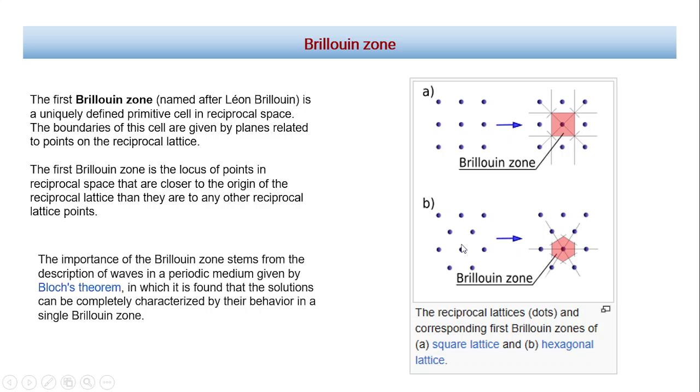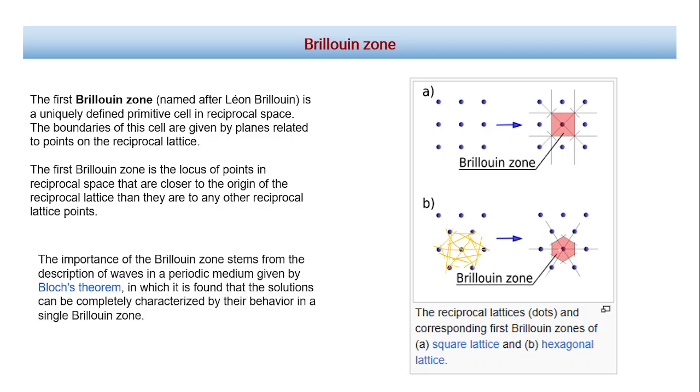Whereas if my reciprocal lattice points are arranged in a hexagonal arrangement, the procedure is still the same: I take the origin or center of the reciprocal lattice, connect all the first nearest neighbors, and take the perpendicular bisectors, and I get a hexagon like this.